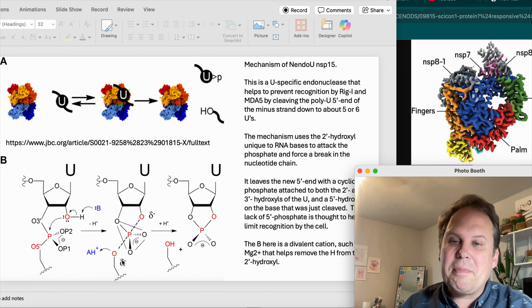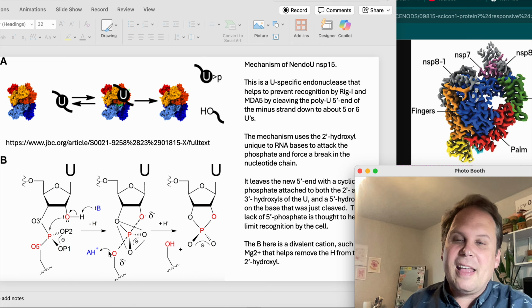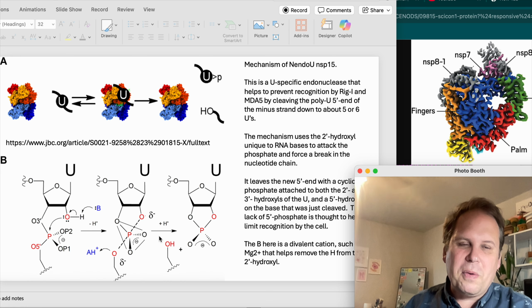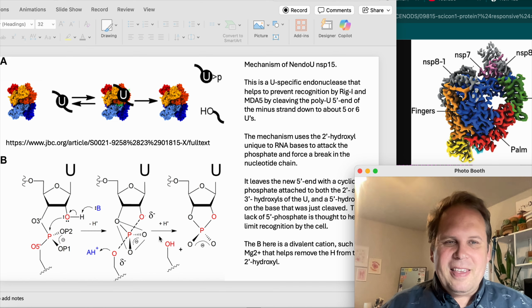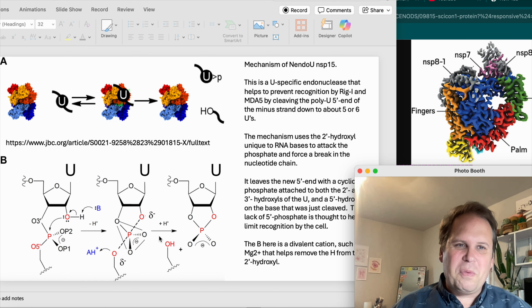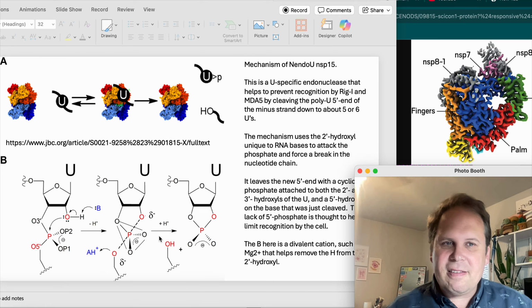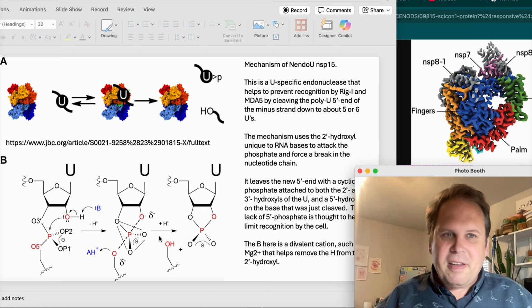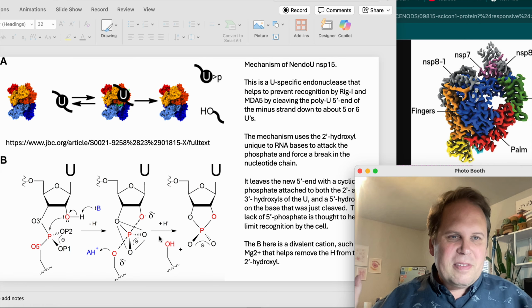But you can see the 5' end of the other nucleotide just gets an O-, which is then going to pick up a hydrogen to become an OH. So you end up with a 5' hydroxyl on the cleaved product, which is not a thing that is easily recognized, I believe, by RIG-I and MDA5. And so that essentially becomes invisible.